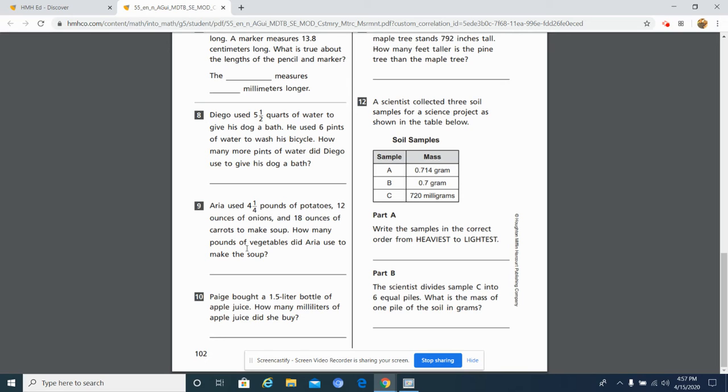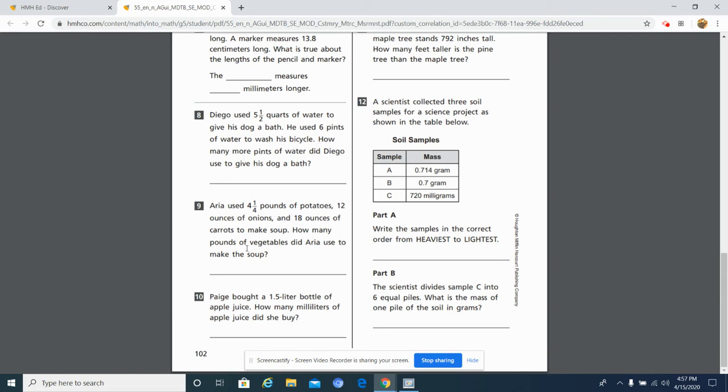Okay, number 9. Aria uses 4 1/4 pounds of potatoes, 12 ounces of onions, 18 ounces of carrots to make soup.